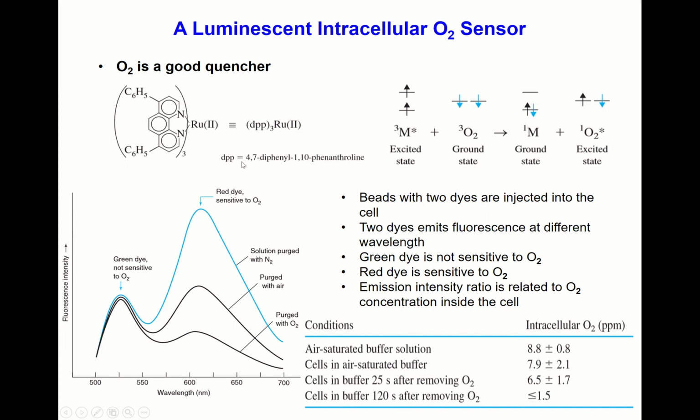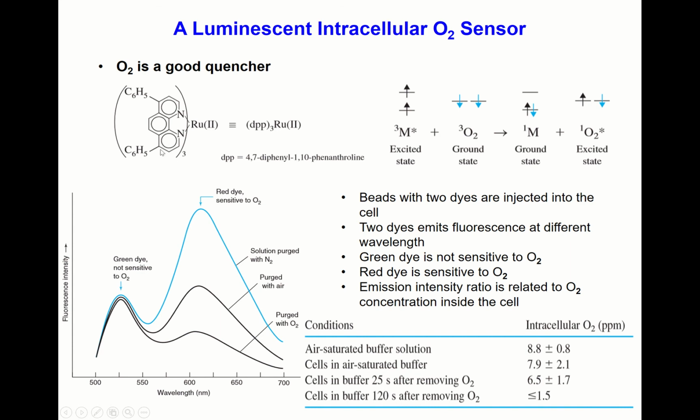DPP here stands for 4,7-diphenyl-1,10-phenanthroline. This is very strongly fluorescing, and in the presence of oxygen, this fluorescence intensity decreases. Why?